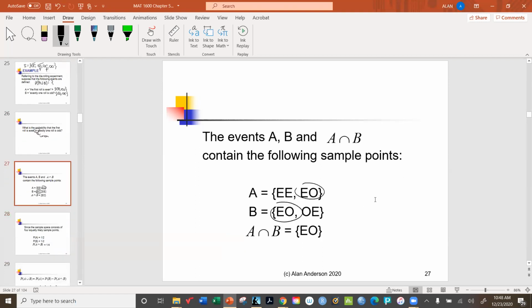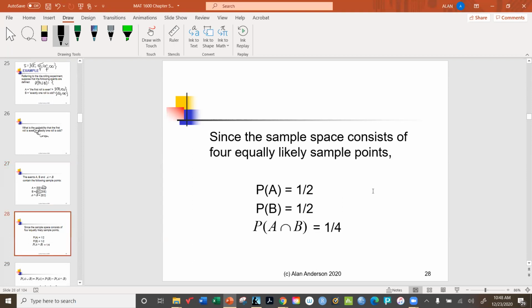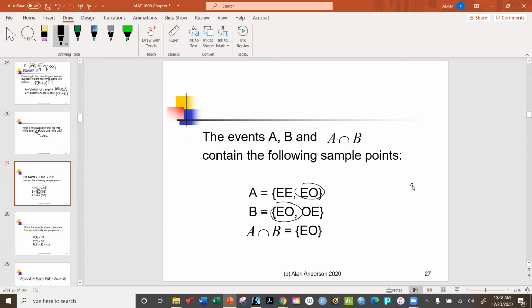Now, by the way, the probabilities themselves, remember, these are all equally likely to occur. So all I have to do is say, that's 2 out of 4, which is a half. For B, same thing, just count them up.